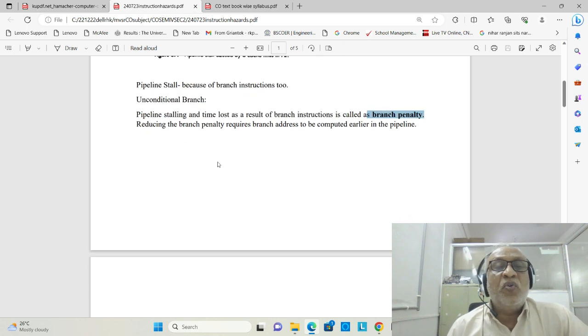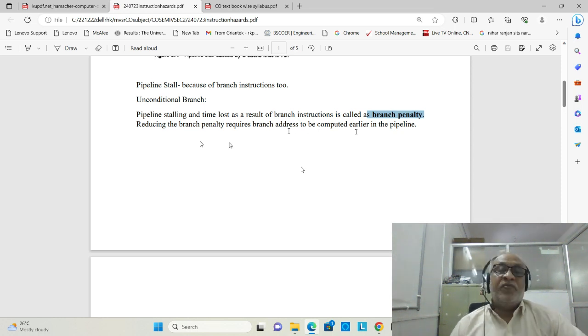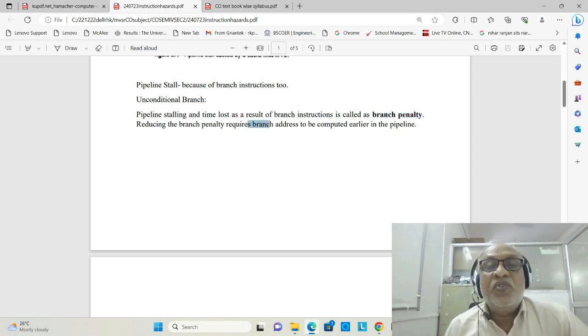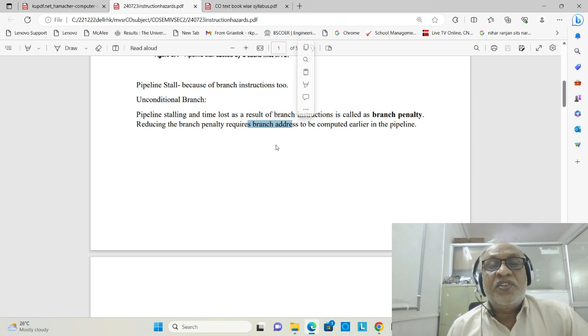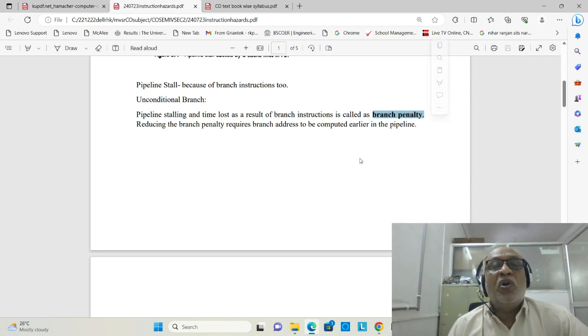The job should be to reduce this branch penalty. So how do we reduce the branch penalty? You need to compute the branch address earlier in the pipeline. If you can achieve this, you can overcome or mitigate the problem called branch penalty.